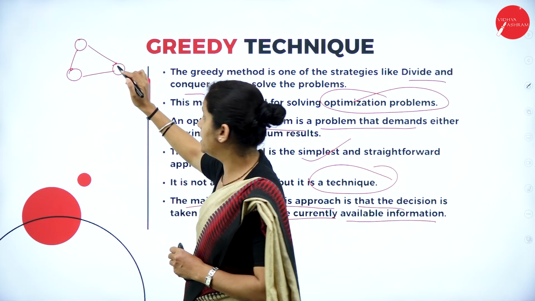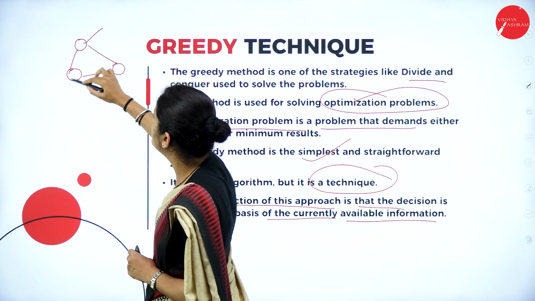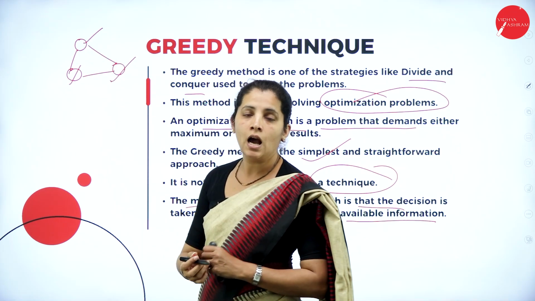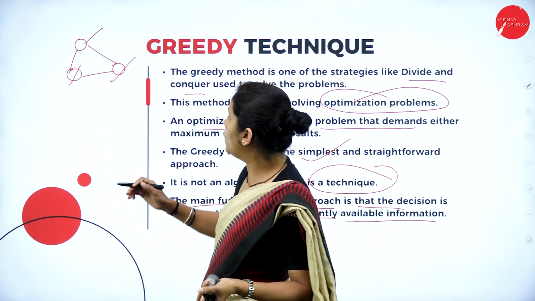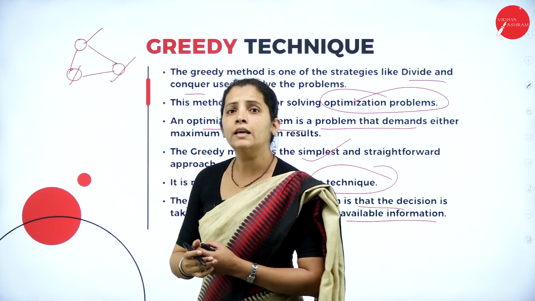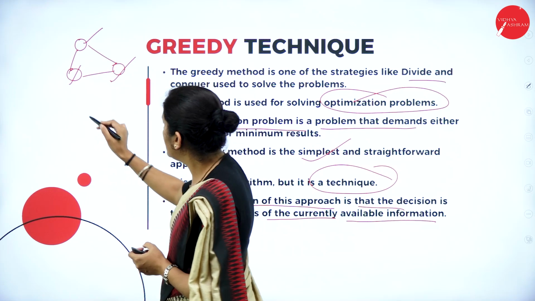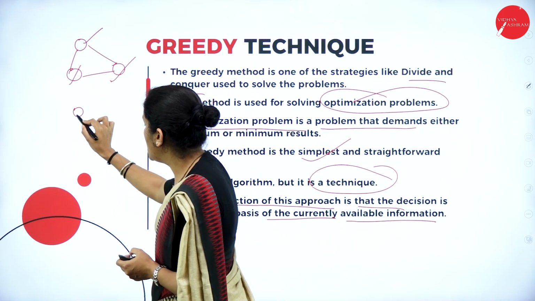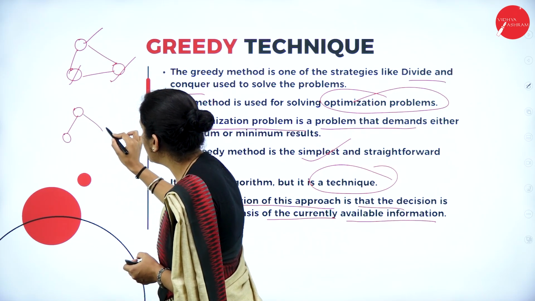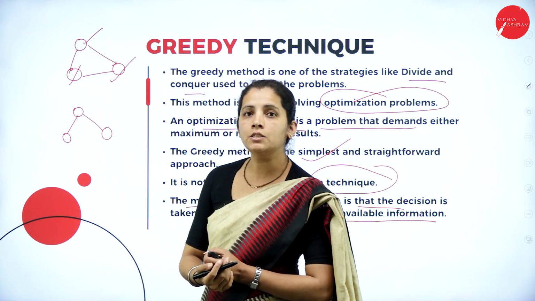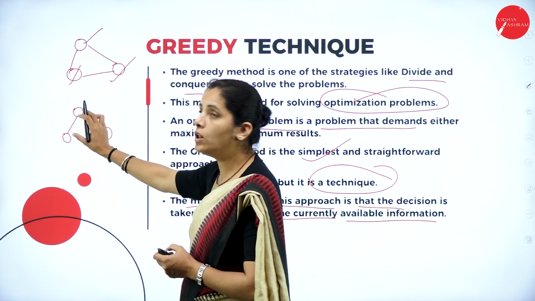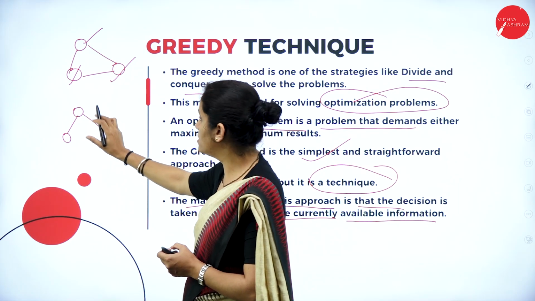vertices connected. So I have vertex 1, vertex 2 and vertex 3. How many vertices? 3 vertices and all are connected. Then what about the spanning tree? If I consider vertex 1, 2 and 3, this is called a spanning tree. So all the vertices must be connected to each other.